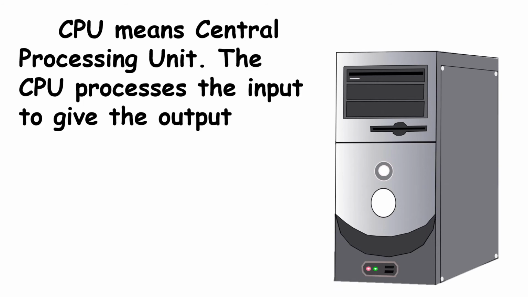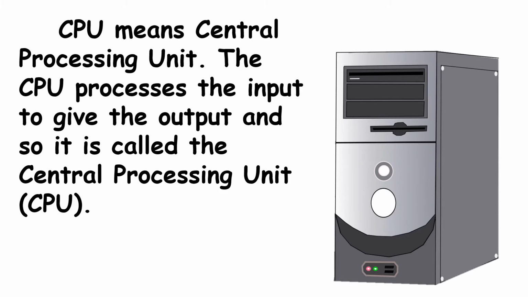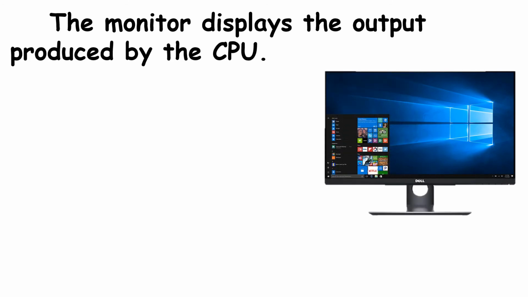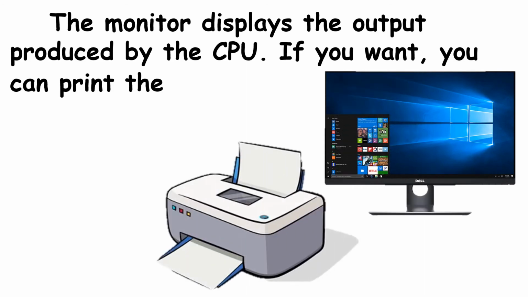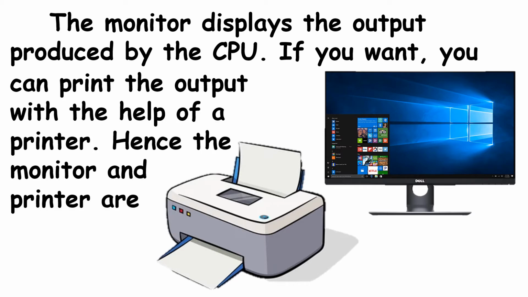The CPU processes the input to give the output and so it is called the Central Processing Unit or the CPU. The monitor displays the output produced by the CPU. The printer is used to print the output on paper. Both these devices are used for output and so they are called output devices.